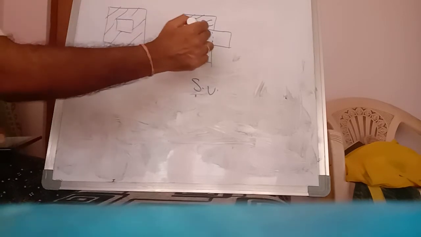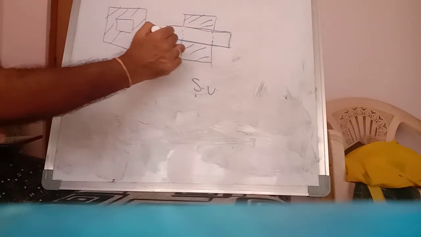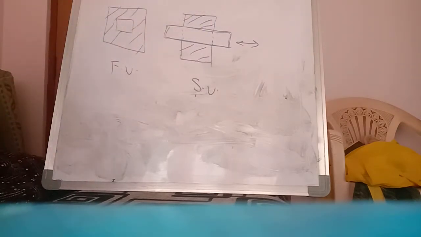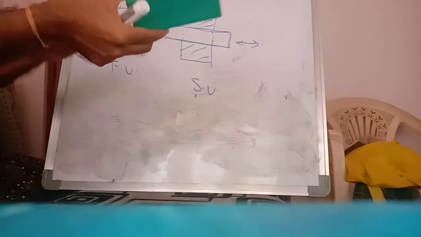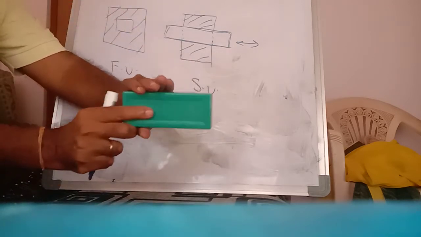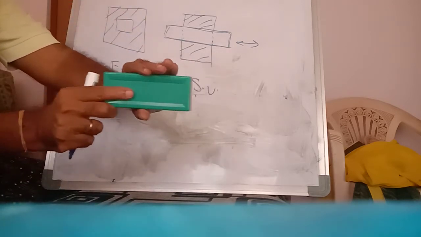That means this link or this part can move only in this direction because we are putting it in a hole. Suppose this is a square hole, this is a square one. Then we can move this link only in this direction. Only this is the relative motion between these two.